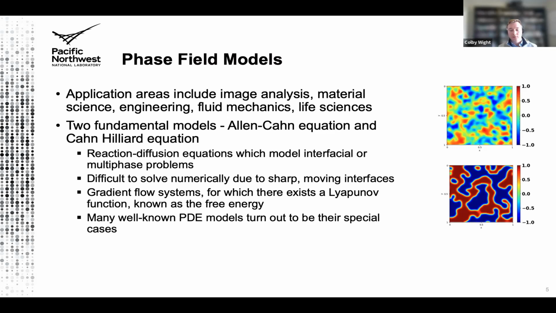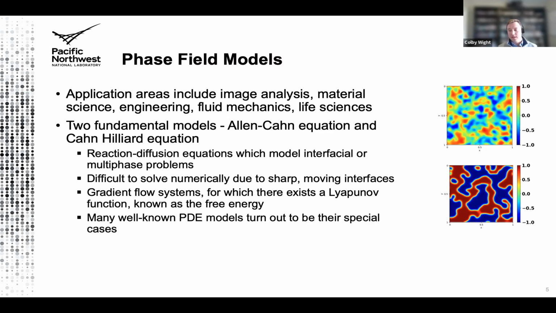They can be quite difficult to solve numerically due to their sharp and moving interfaces, to name one reason. And there is a field of work devoted to just solving and working with these equations numerically. We'll note that these are gradient flow systems, and they can be derived from a free energy function, of which many well-known PDEs turn out to be special cases.